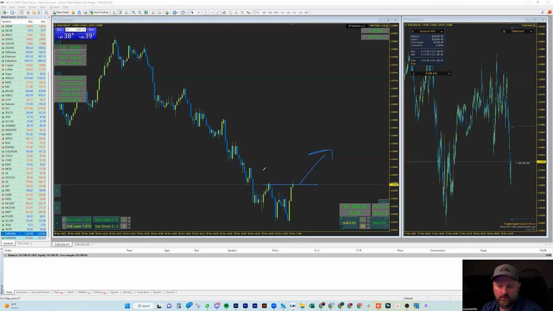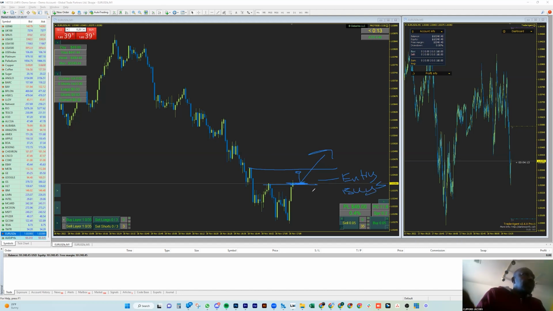I'd look for it to close above this, but more double confirmation would be closing above that, right? But if it closes above this, comes up to here, pulls back, fails to break this area, this is a really good entry point for some buys. And this is what I'd be looking for.